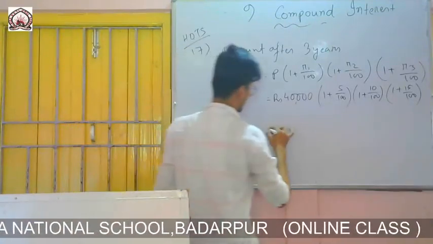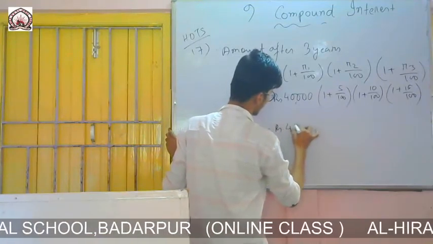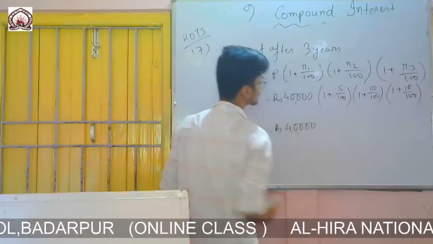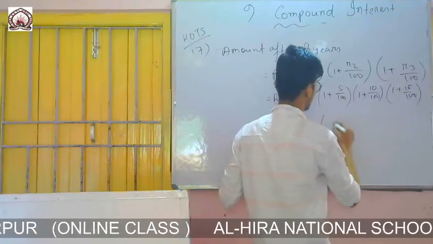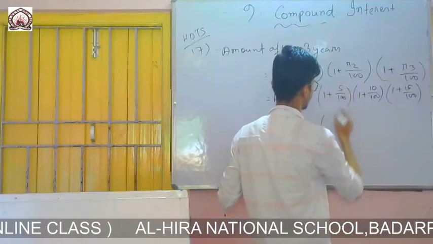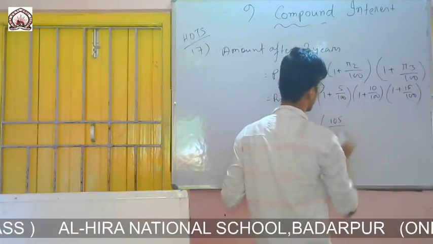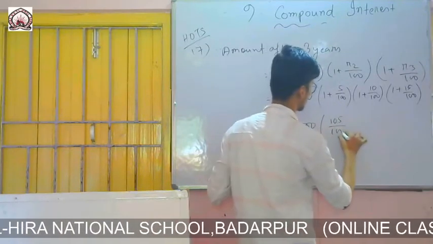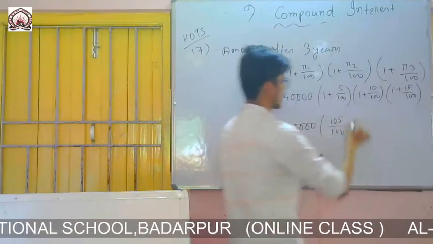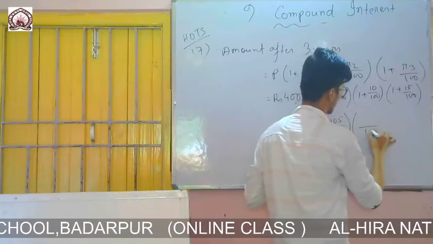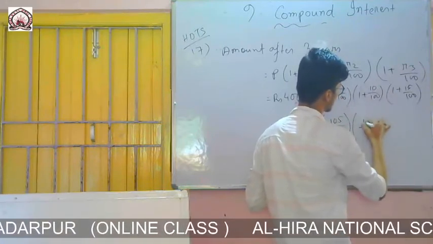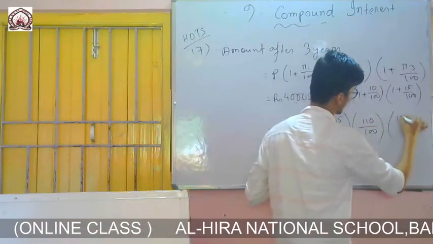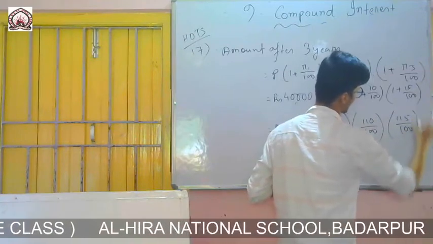Now you write rupees 40,000, 1 plus 5 by 100. Taking the LCM 100, 100 plus 5 is 105. Then for the next, 100 plus 10 is 110, and for the third it is 115 by 100.